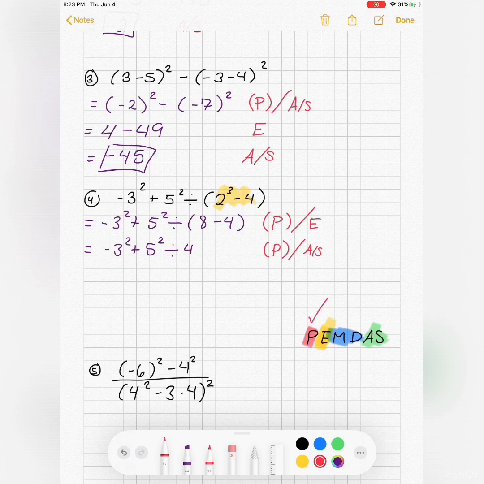Okay, now parentheses are done. Now I go on to exponents. Okay, this is the one where I have the negative on the outside. So it's 3 squared, which is 9 times negative 1. It's negative 9. 5 squared is 25.